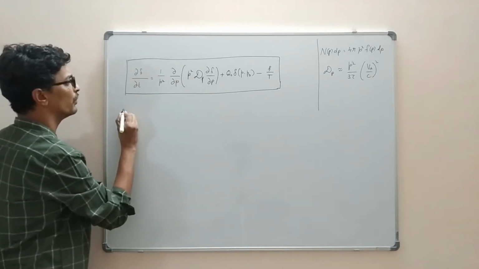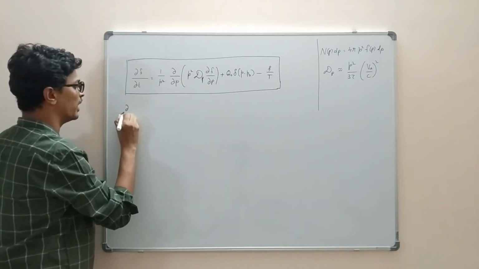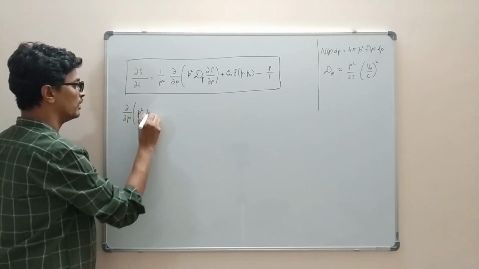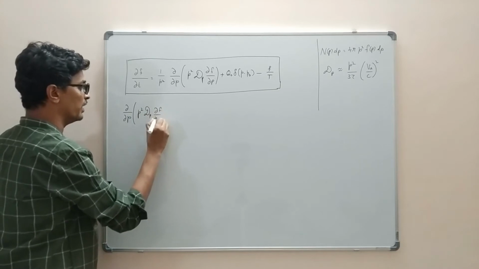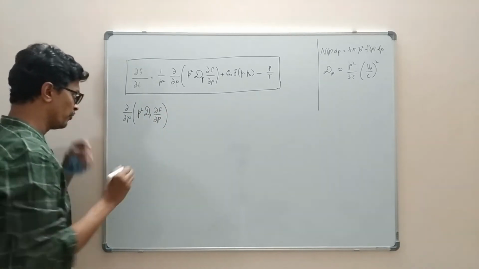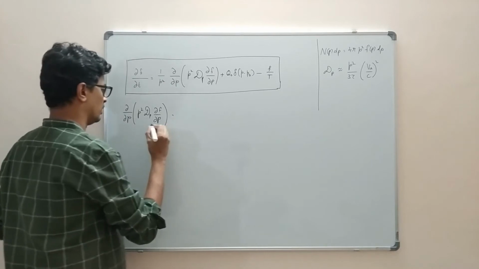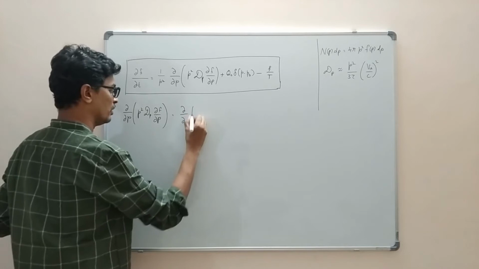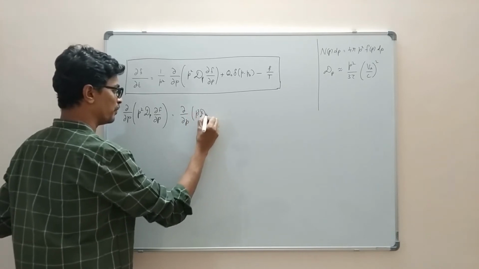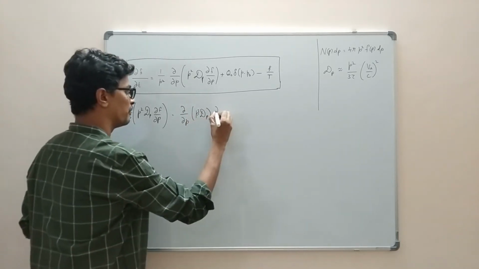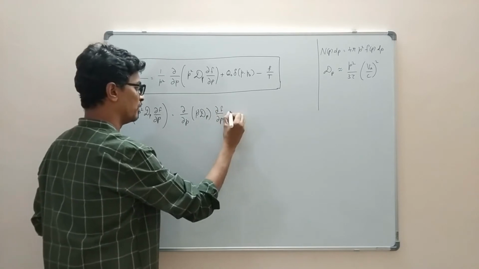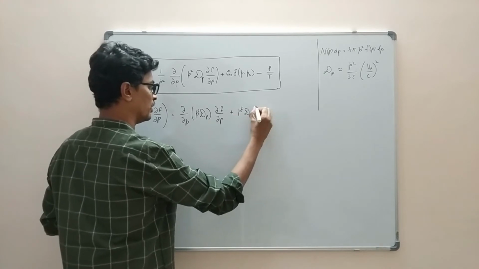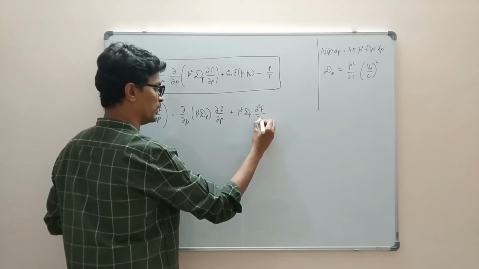So what we have is del by del P of P squared DP del F by del P. I can write it as del by del P of P squared DP into del F by del P, plus P squared DP del squared F by del P squared.